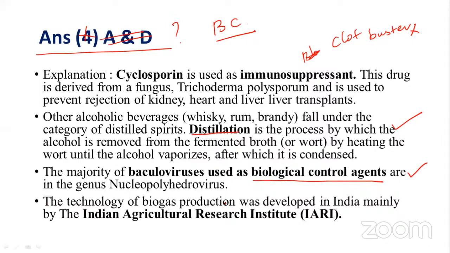And the technology of biogas production was developed mainly in India. This is the question they asked last time, my dear students, in 2020 or 2021. Just go and check it. India mainly, the Indian Agriculture Research Institute. Where is it located? This is also one of the important questions.